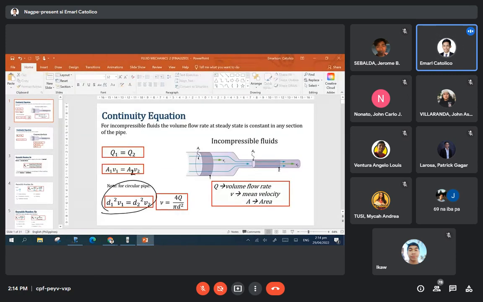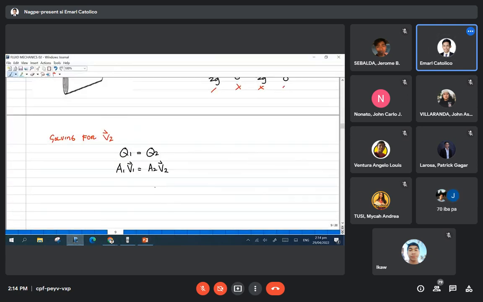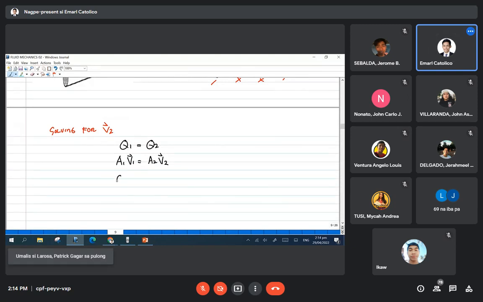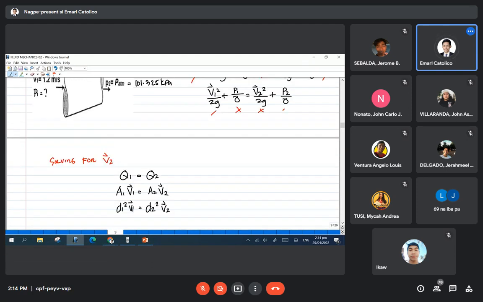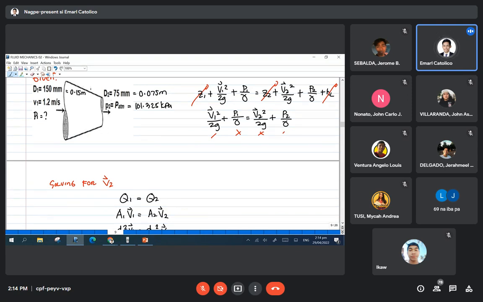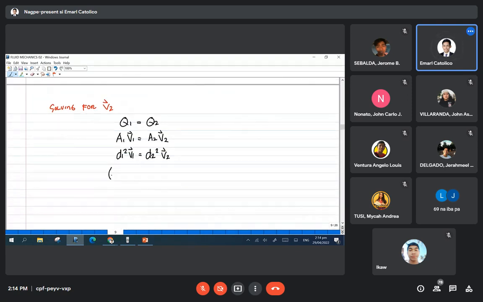Since circular naman yung pipe natin, so D1 squared V1 is equal to D2 squared V2. Okay. So diameter natin at point 1 is 0.15, 0.15 squared.